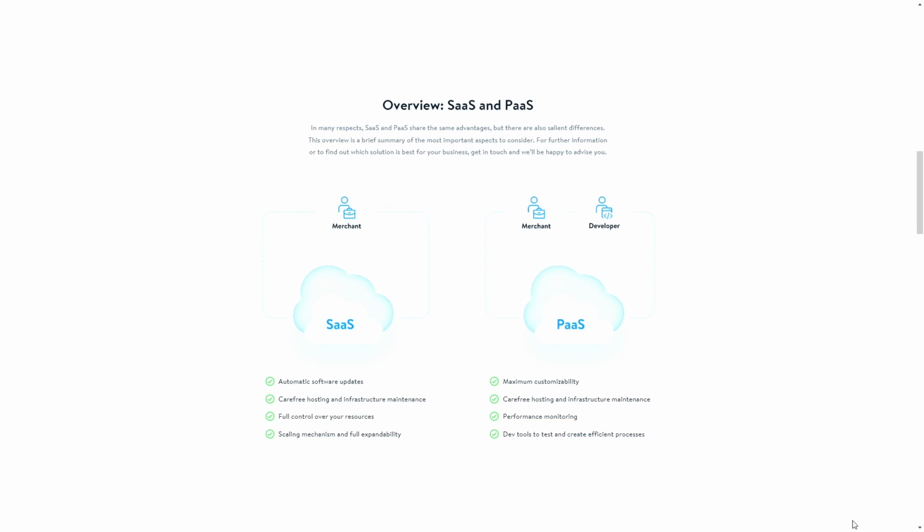In terms of cloud platforms, we now have the option between SaaS and PaaS solutions. SaaS, as software as a service, is a good choice for companies that want to have little to do with the administration of the software. Here, we take care of the software updates as well as the administration and maintenance of the infrastructure.